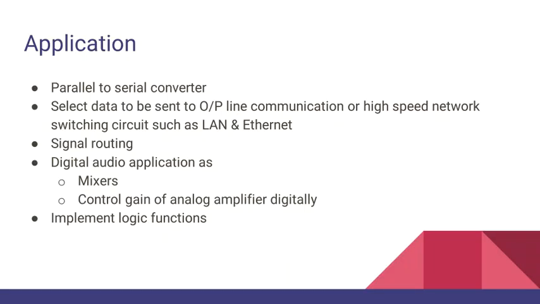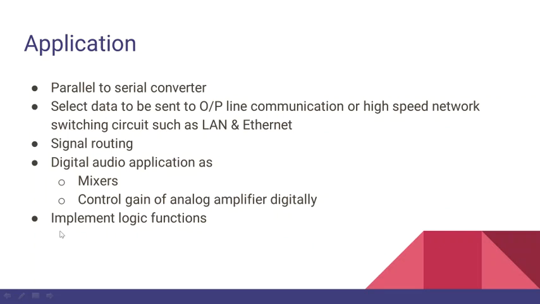Let's see a few applications of multiplexers. They are used in parallel to serial conversion, for sending data in high-speed communication networks, in signal routing, in digital audio applications as mixers, for controlling gain of analog amplifiers digitally, and to implement logic functions.